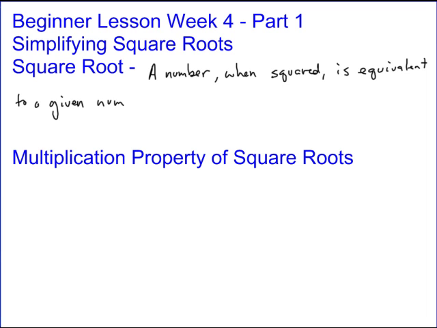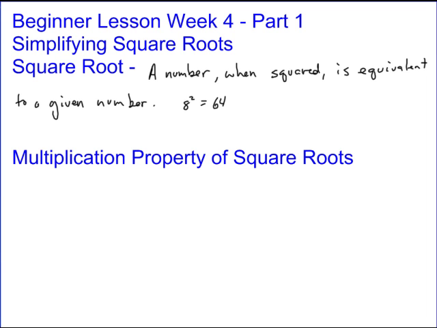So for instance, if I give you 64 and I ask you what is the square root of 64, I'm asking you what number, when I square it, gives me 64. Well, the answer to that is 8 squared equals 64.